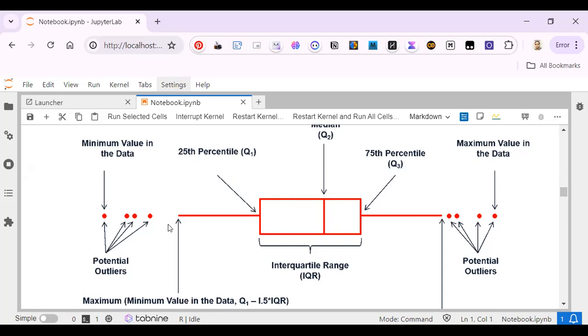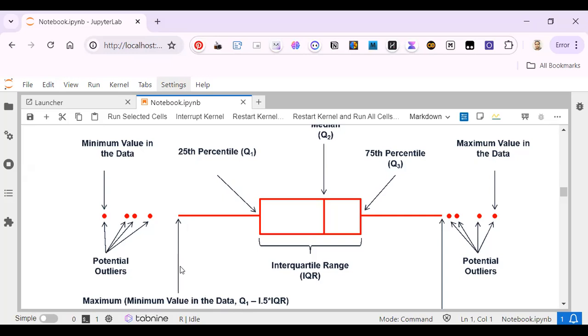But the question that comes here is what do the lower dots indicate? These are nothing but outliers, meaning they are far away, before the first quartile. And what is this value? This is the minimum value in the data, Q1 minus 1.5 times IQR.